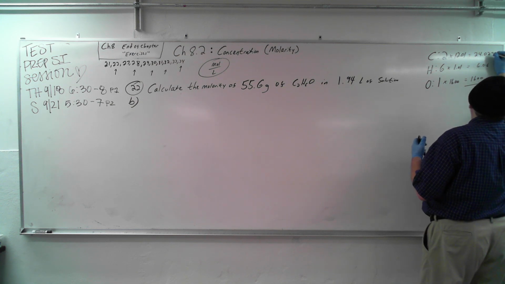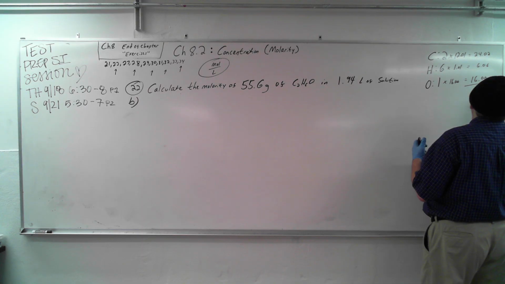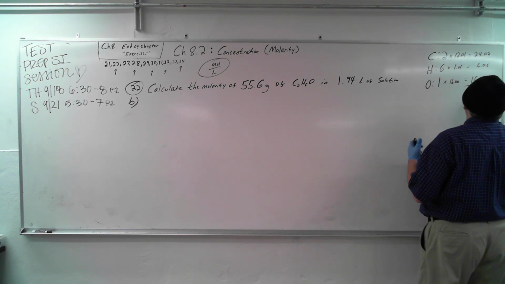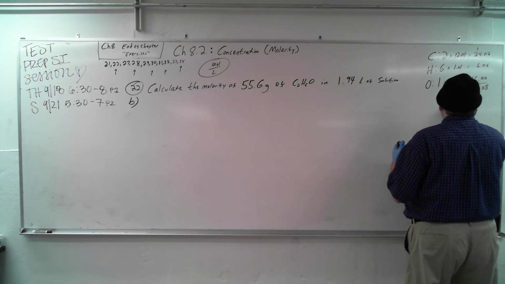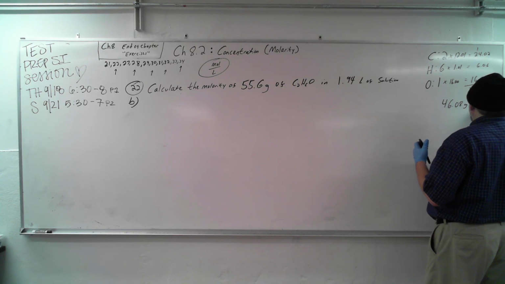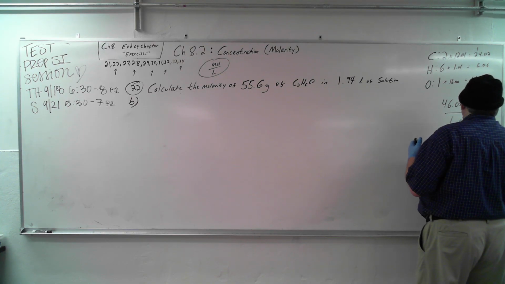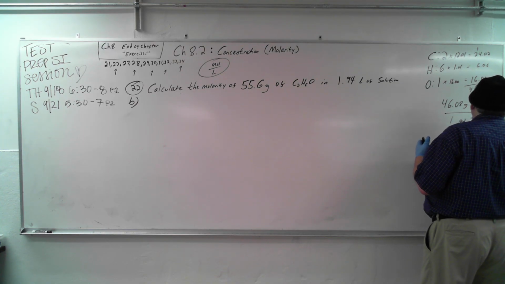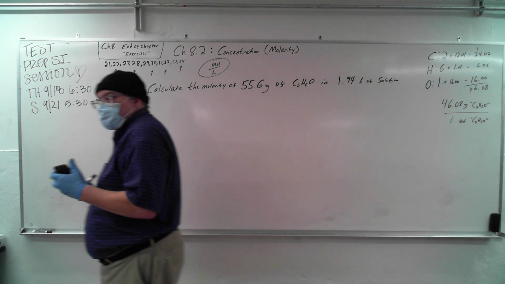Adding up, that's 46.08 grams of C2H6O is 1 mole. So we're going to need that.